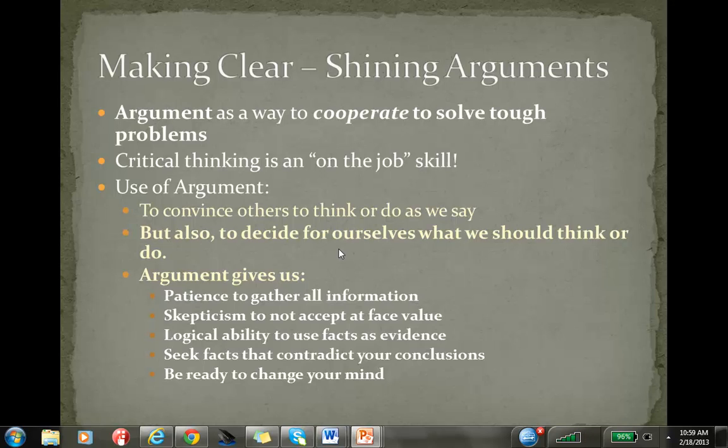We get the logical ability to use facts as evidence instead of just having emotive responses, using logos or factual evidence to support ideas. We seek facts that contradict our conclusions, right? We actually look for something so that we know for sure we're absolutely right. You look for the opposite. And it makes us ready to change our mind.